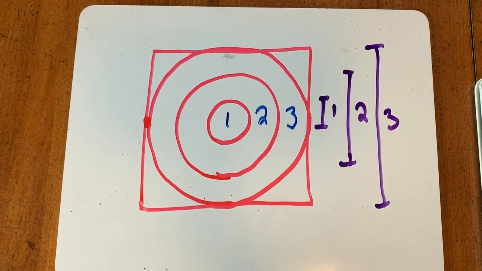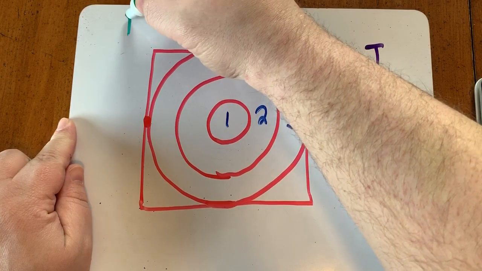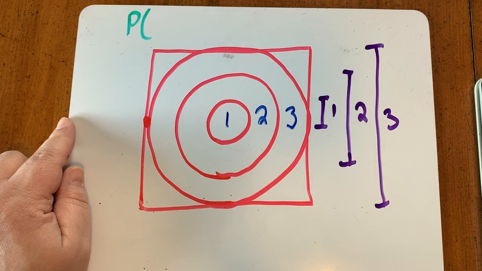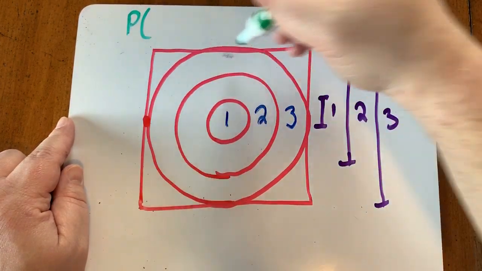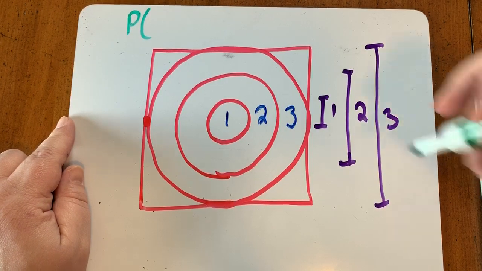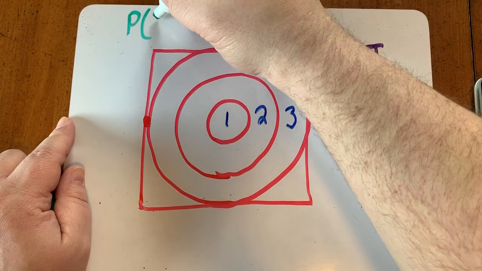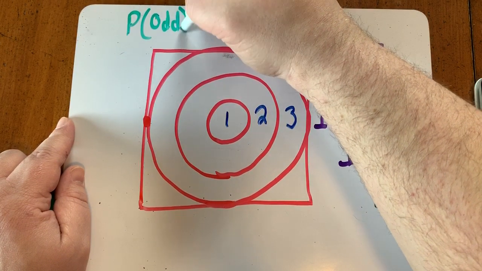We could be asked to find the probability of hitting that target, and the whole target is really the square, with just these areas worth 0 points, and getting an odd number.